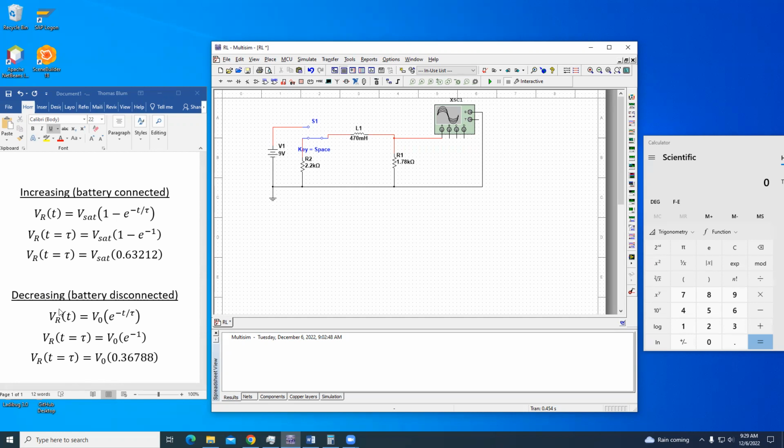And when we are coming down, 1 time constant is, I'm going to call it, 37% of some initial voltage. This takes place rather rapidly, so I will probably be at the full 9 volts. But really this is based on where you start. So it doesn't necessarily have to be the full 9, but that's probably where I'll end up in this case.